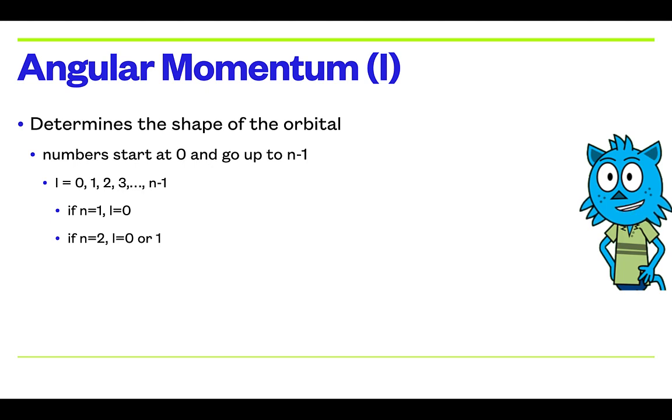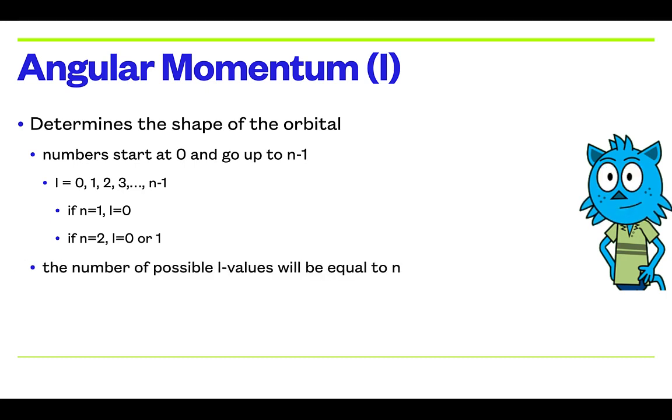Okay, one of the more common errors I see is that people think that it has to be equal to n minus 1, but that's not true. It starts at 0 and can go up to n minus 1. And one way of looking at that is whatever the n value is, that's how many possible L values you have. So if n is equal to 1, you have one possible L value. If n is equal to 2, you have two possible L values.